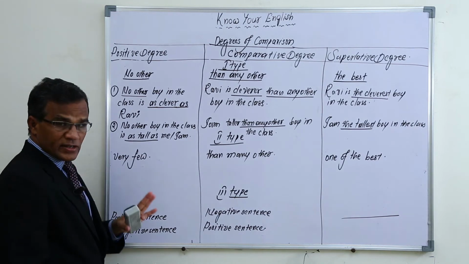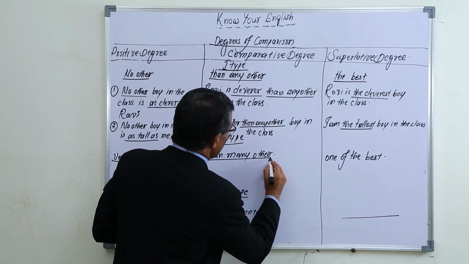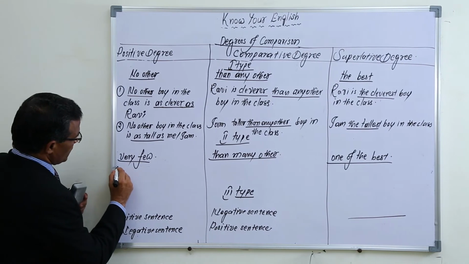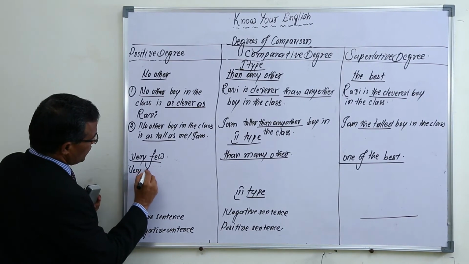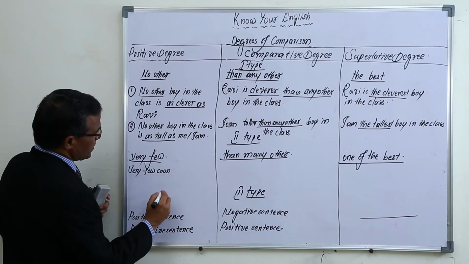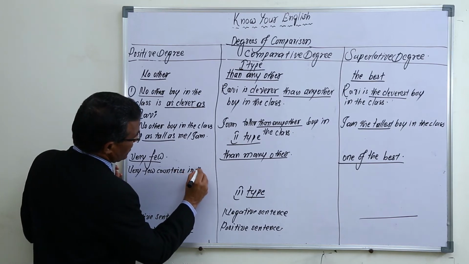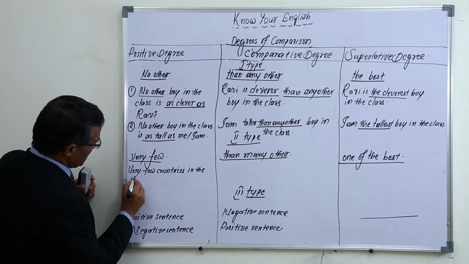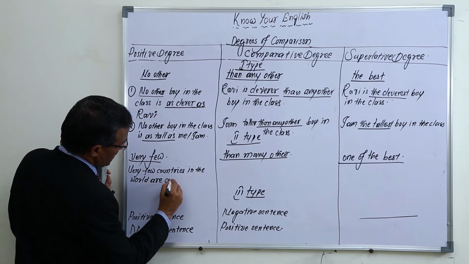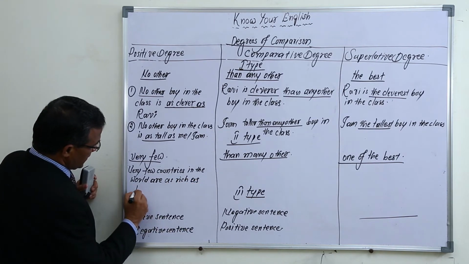And for the second model of sentences also, let me give one or two examples. Okay, very few, than many other, and one of the best. For example, very few countries in the world are as rich as England.